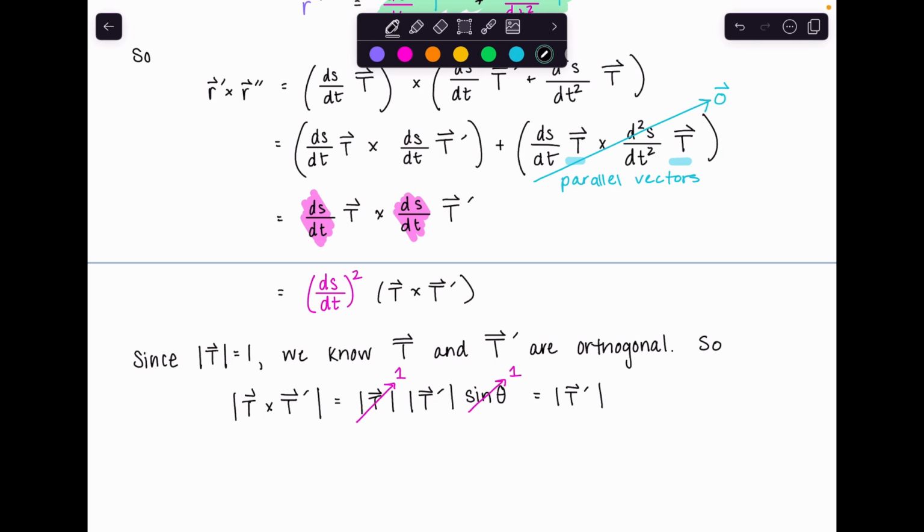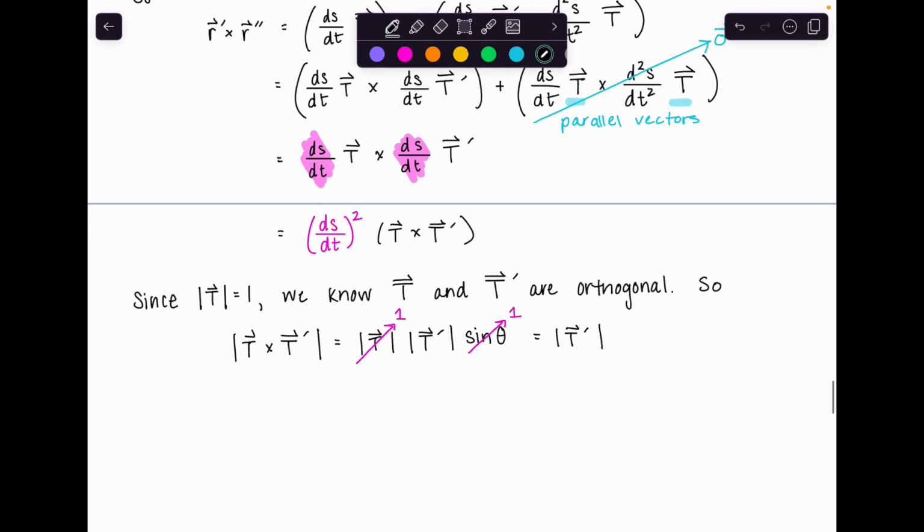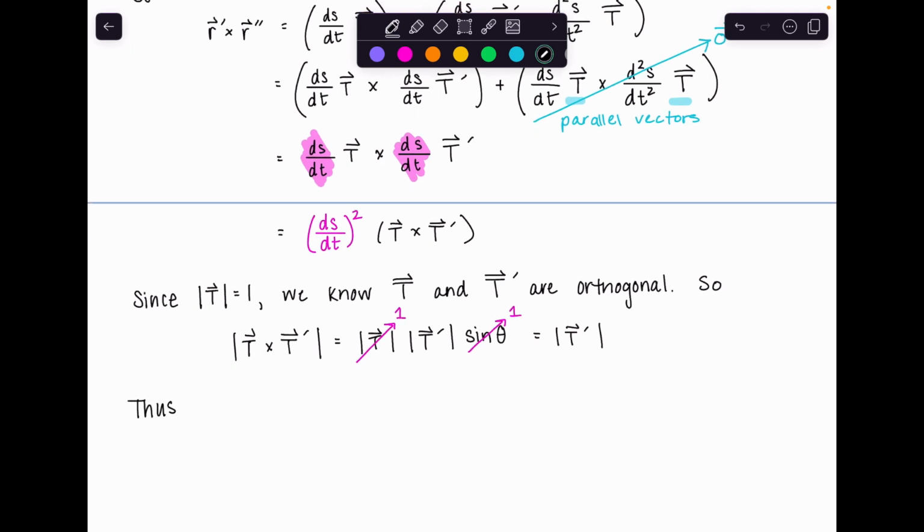So let's tie all of this together now. If I take the magnitude of r prime cross r double prime, from back up here, it's just the magnitude of this. So this is equal to the magnitude of ds/dt squared times the magnitude of t cross t prime.